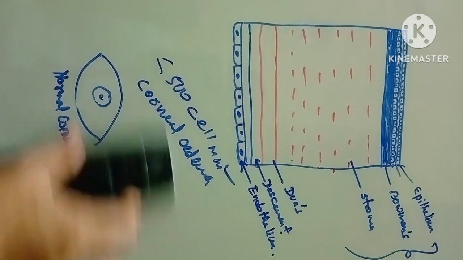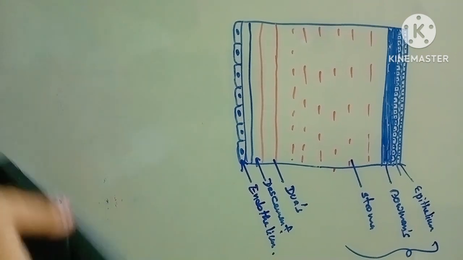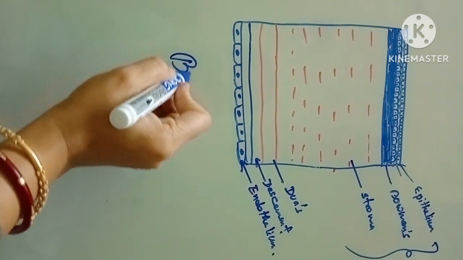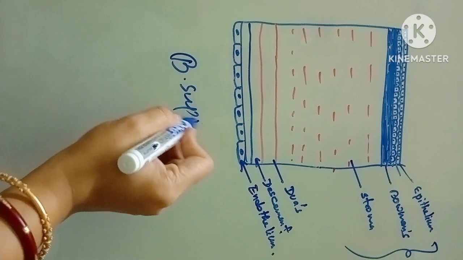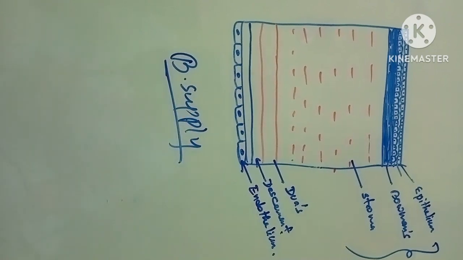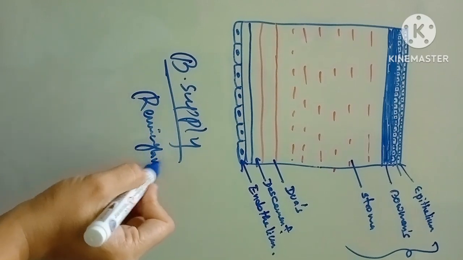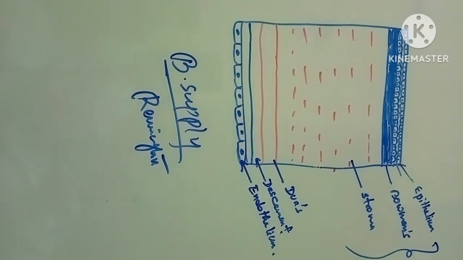Now I will tell about the blood supply. In Remington, it is told that the cornea is not totally avascular.